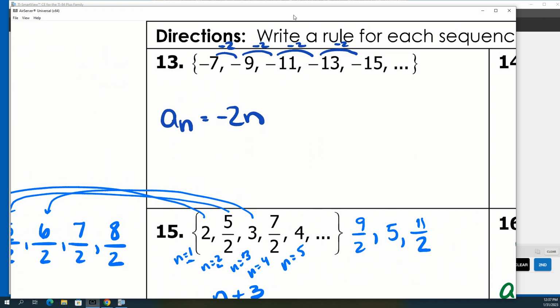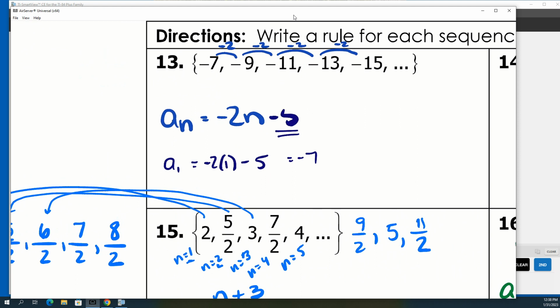Now, this isn't quite done because I need to be able to put in 1, multiply it by -2, and end up with a -7. So I'm going to have to do something else to it. Subtract by 5. Subtract 5, good.